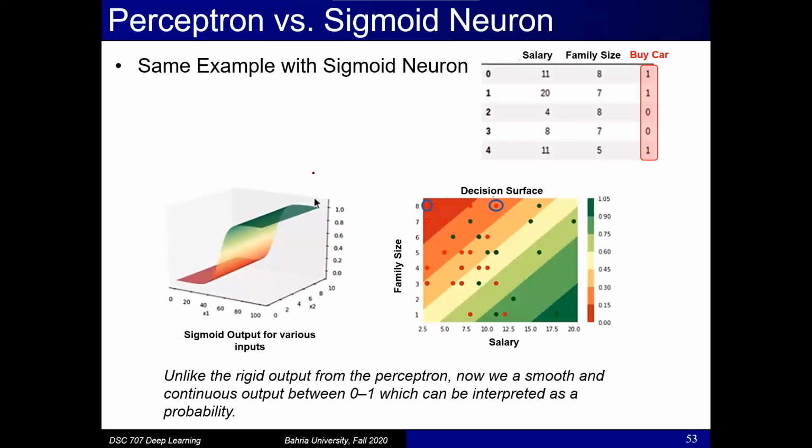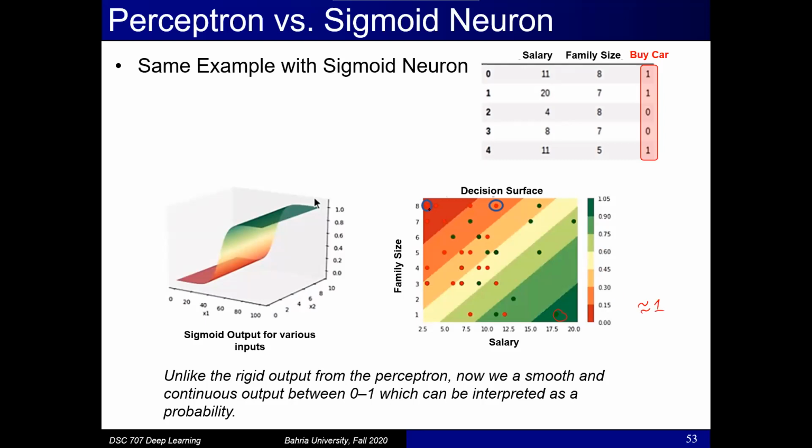Okay, so this is what I'm trying to say: instead of just a 0 or 1 decision, if you change the activation function, now you see these different colors, they are actually just for illustration purposes, telling you different probabilities, right? For example, this dark green means this person has a probability close to 1 that he is sure to buy a car.